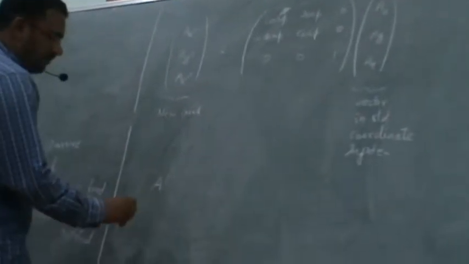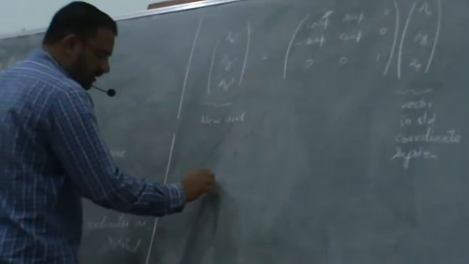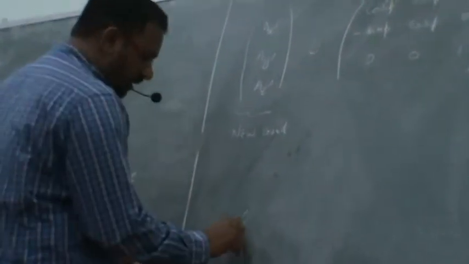This transformation can be written in a more compact form. This is a prime, correct? This is the primed axis, and this is the unprimed axis, and this is a vector, and this is a vector.